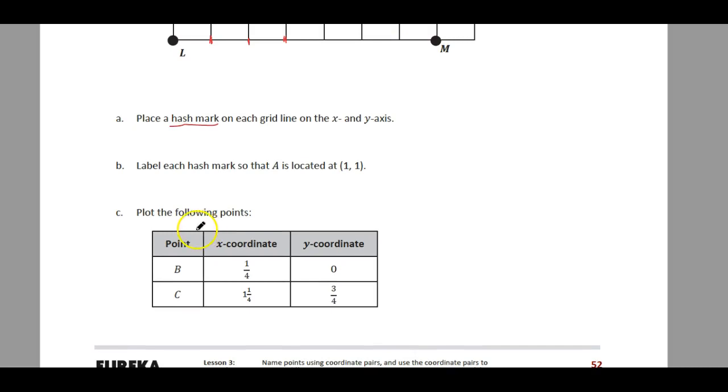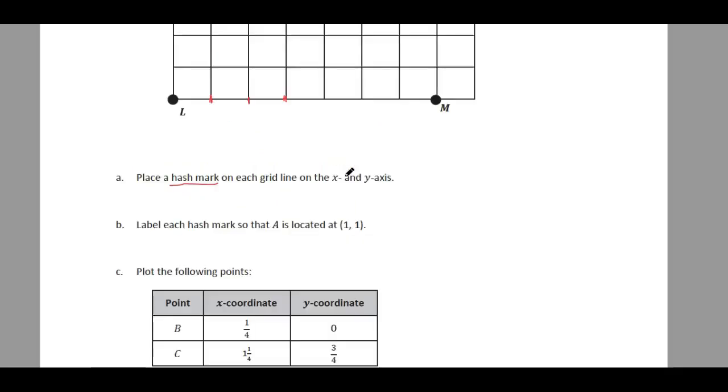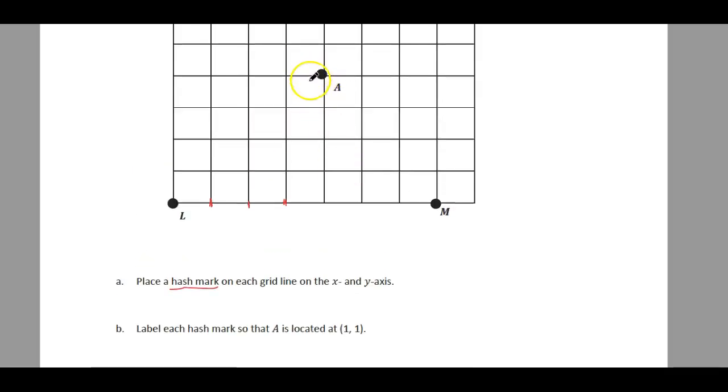And then it says label each mark so that A is sitting at 1, 1. Here's A right there. And so if that is 1 over from here, it's not then just this is 1. Can't possibly be, right?